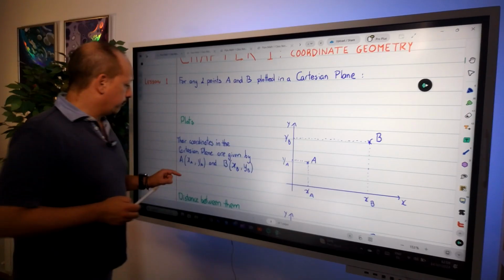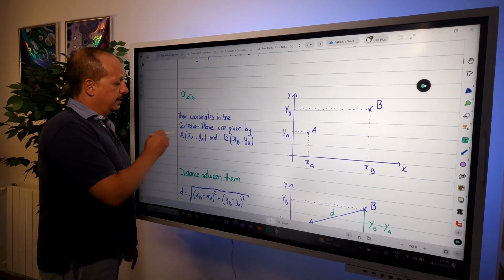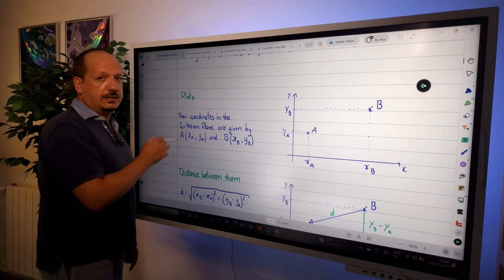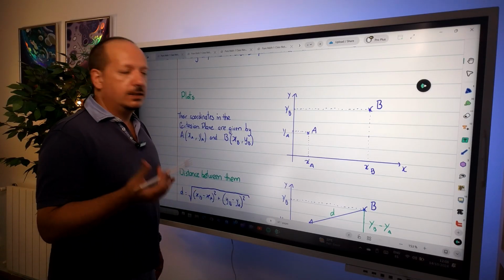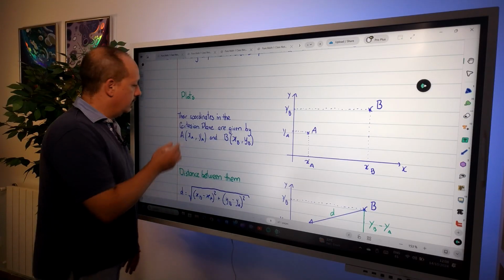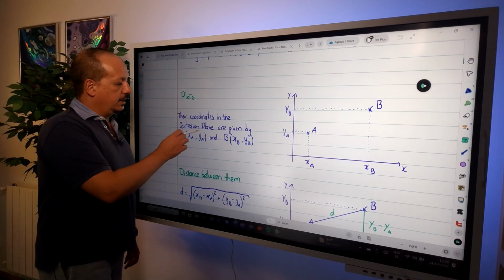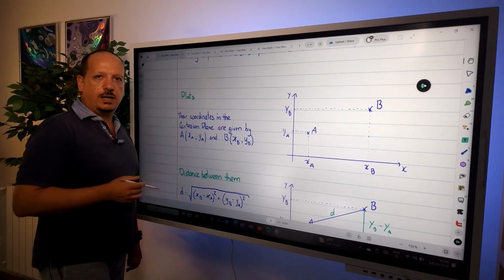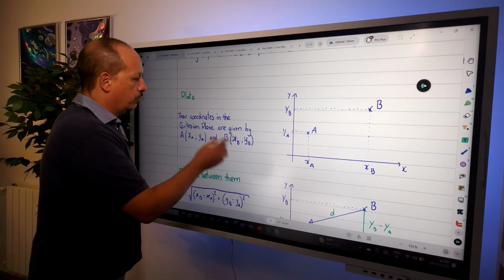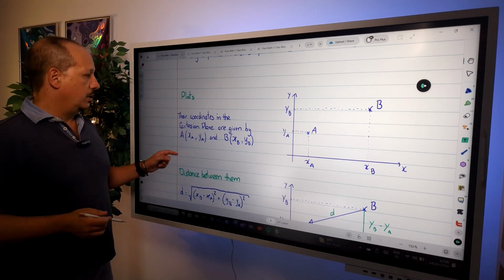So this is represented by the letter that identifies that point, open brackets, and you always put the x coordinate first, the y coordinate after, separated by a comma. This is what you have here for both.